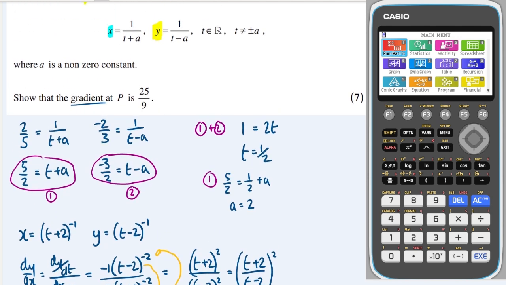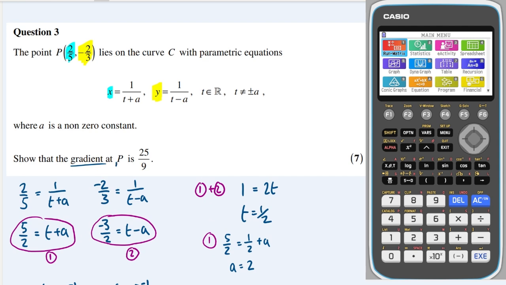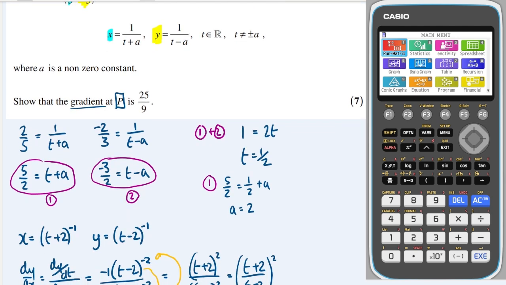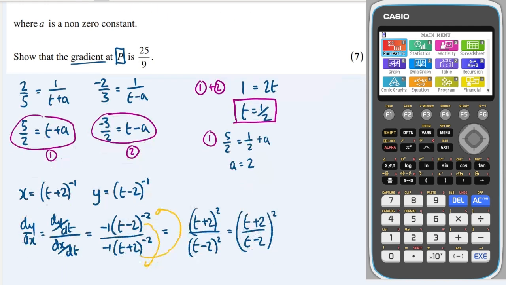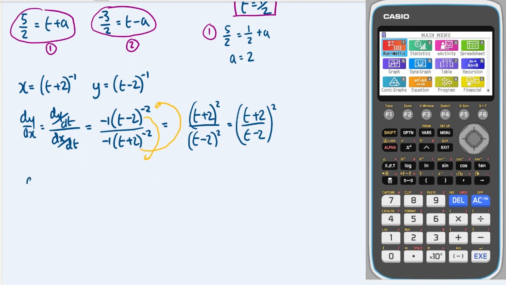Okay, we need to work out the gradient at the point P, and we've already worked out that at the point P we have a t value of 1/2, so we can use that. So dy by dx at P is equal to 1/2 plus 2 over 1/2 minus 2 all squared.